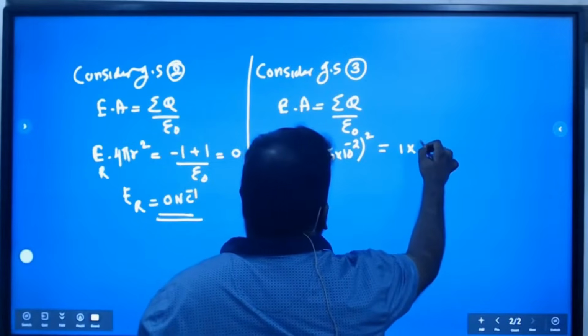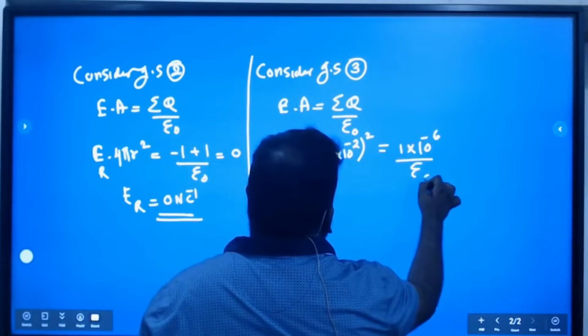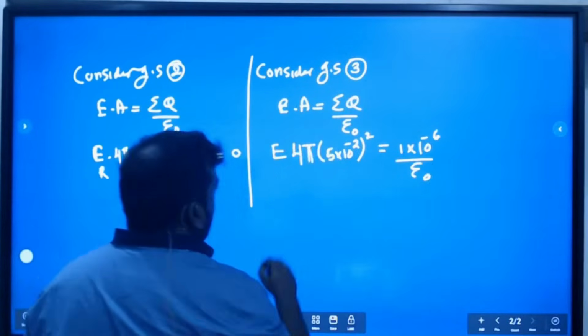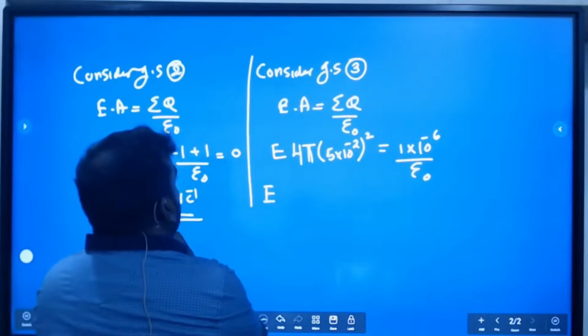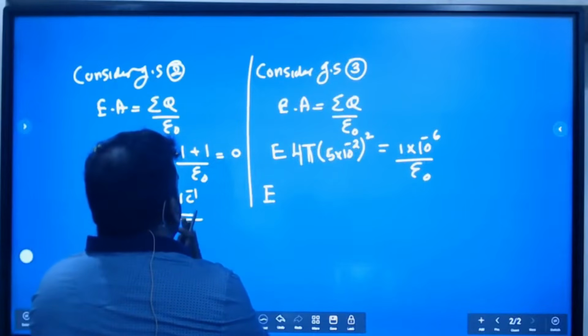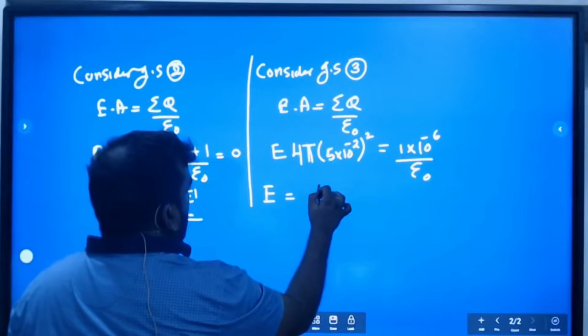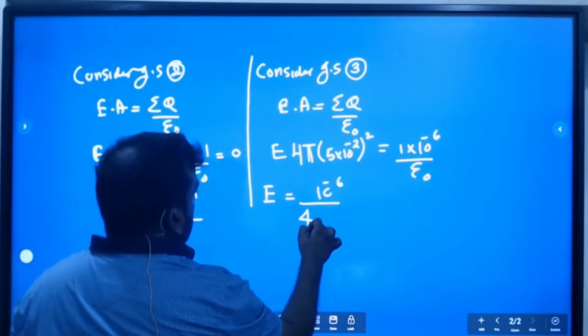Sum of charges is 1 microcoulomb over epsilon naught. Electric field strength is 10 to the power minus 6.